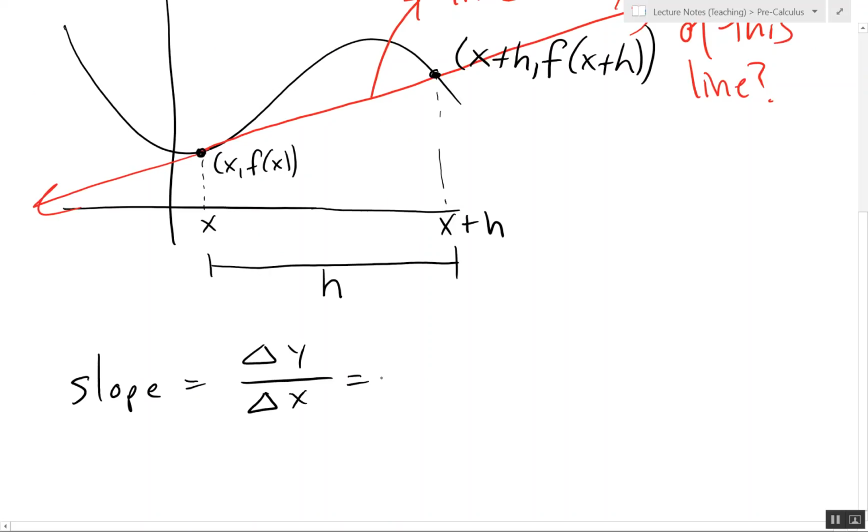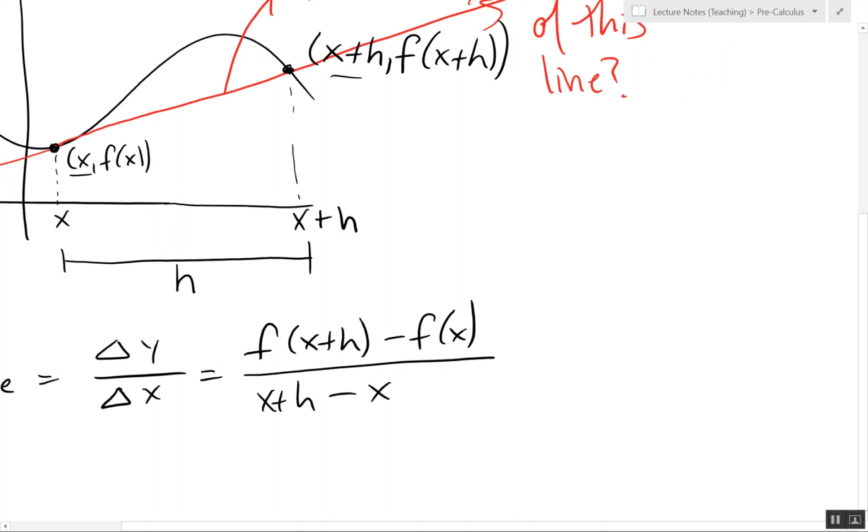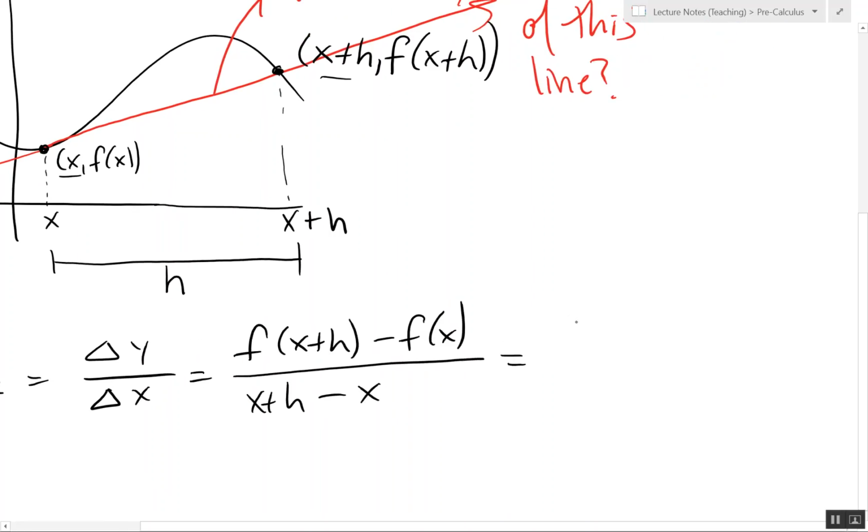It's just going to be f of x plus h minus f of x for the y coordinates. In the denominator, we are going to get the x plus h from over here, and we're going to subtract off the x from over here. And when we simplify the denominator, guess what we get? We get the difference quotient, f of x plus h minus f of x all over h.